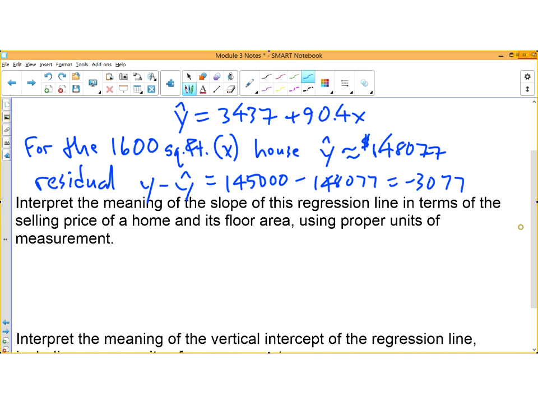Well, in general, the slope tells us the change in y for every change in x. So in this case, I'll write the general: slope equals the change in y per change in x.